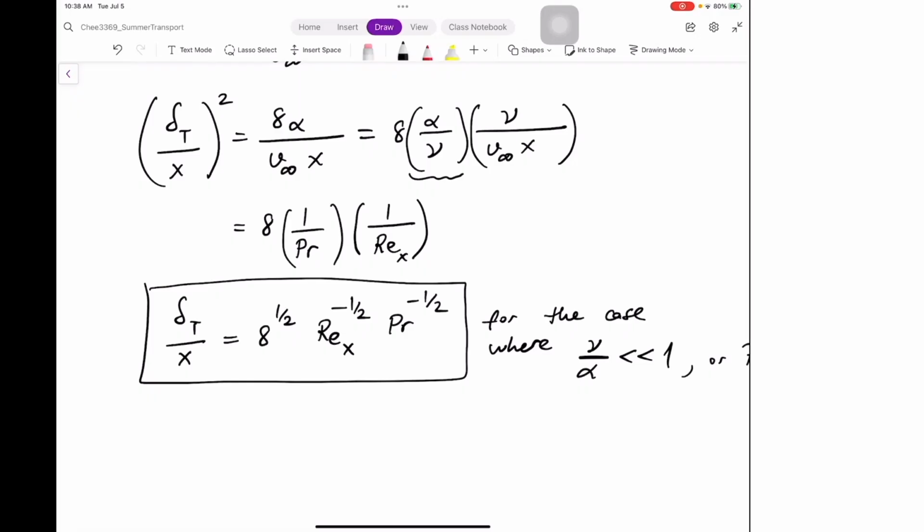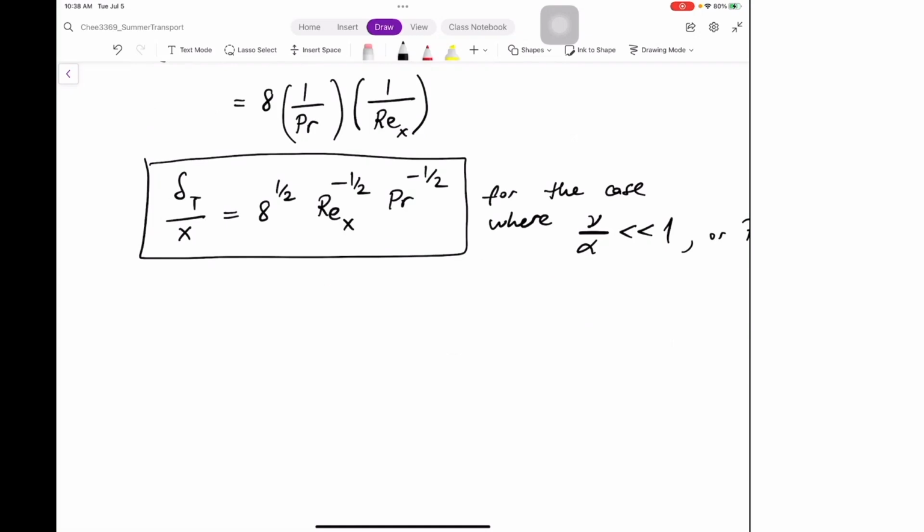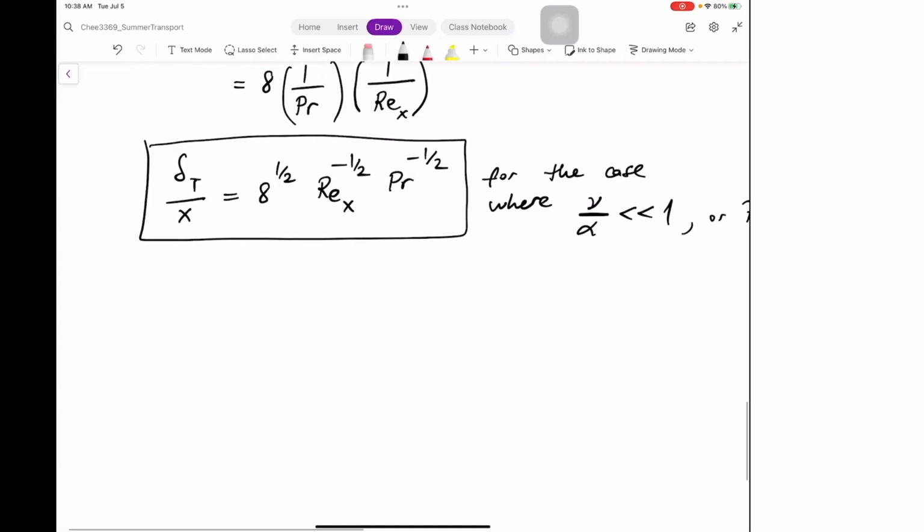But we haven't actually found the Nusselt number. We want the Nusselt number because that's what bridges these analyses to the value of the heat transfer coefficient. So we write down at the boundary: negative K fluid, the conductivity of the fluid, del T over del y at y equals 0.